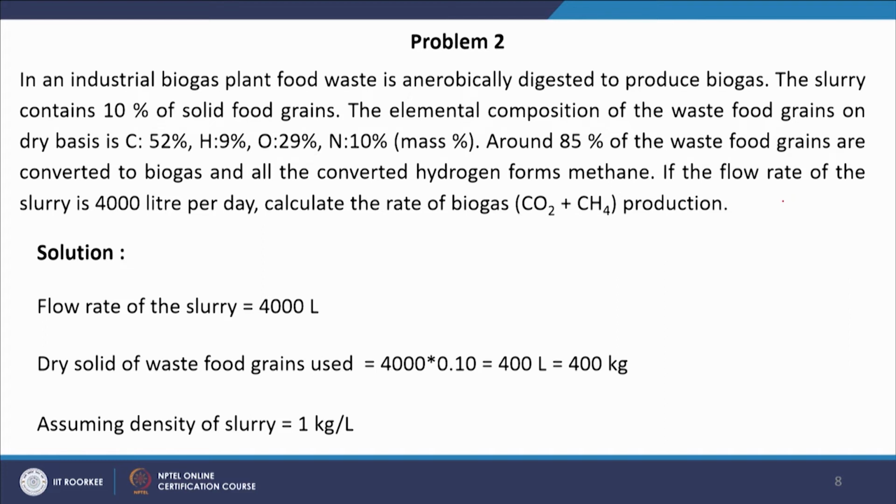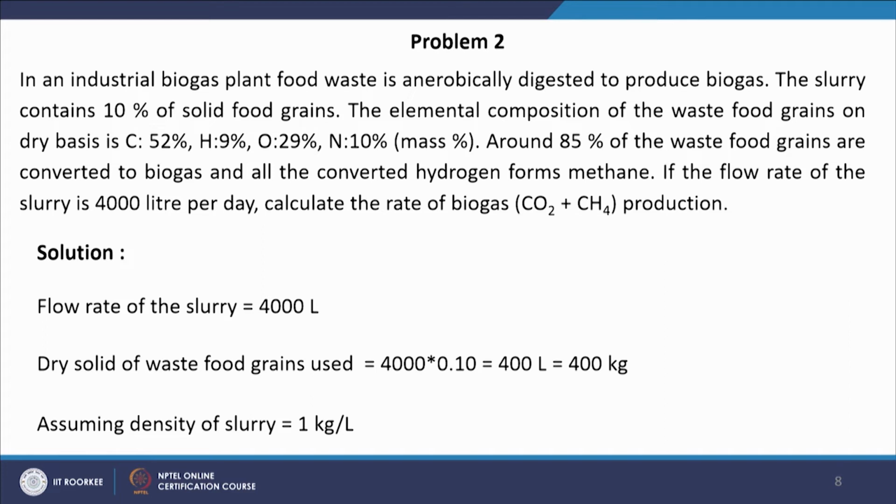If the flow rate of the slurry is 4000 liter per day, calculate the rate of biogas, that is CO2 plus CH4 production. So, this is another problem related to anaerobic digestion, and we have to calculate the rate of biogas production.